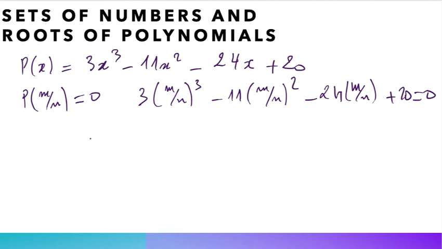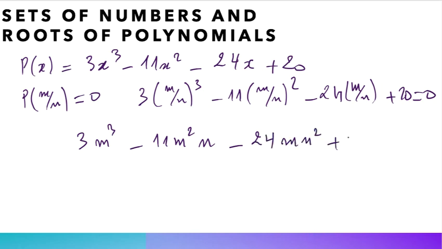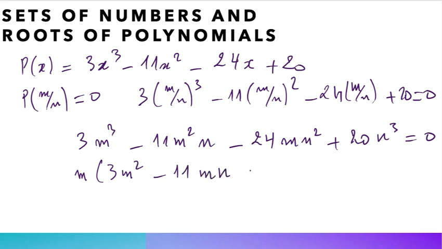If we multiply both sides by n cubed, one gets 3m cubed minus 11m squared n minus 24m n squared plus 20n cubed is 0. Now in the same fashion as before, we rewrite this as follows. m times (3m squared minus 11mn minus 24n squared) is equal to minus 20n cubed.